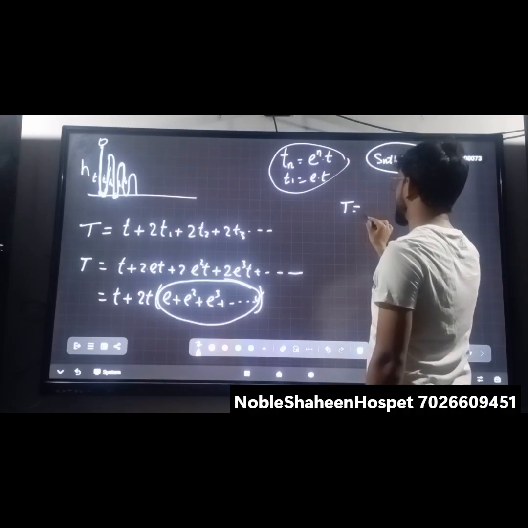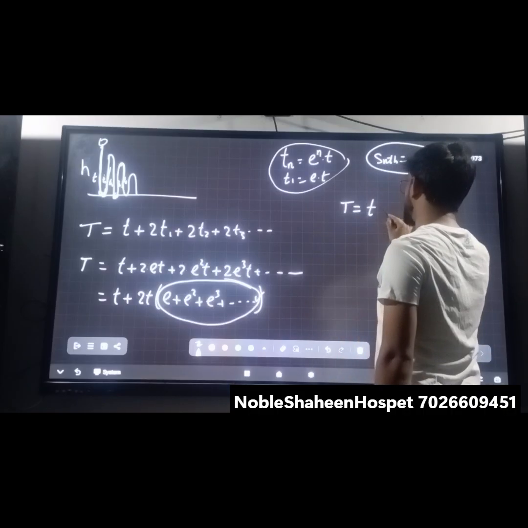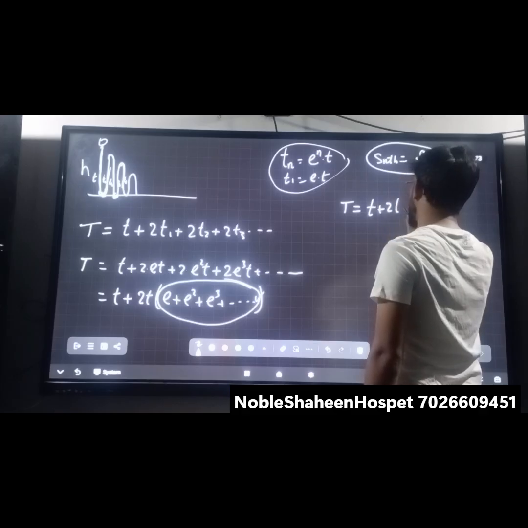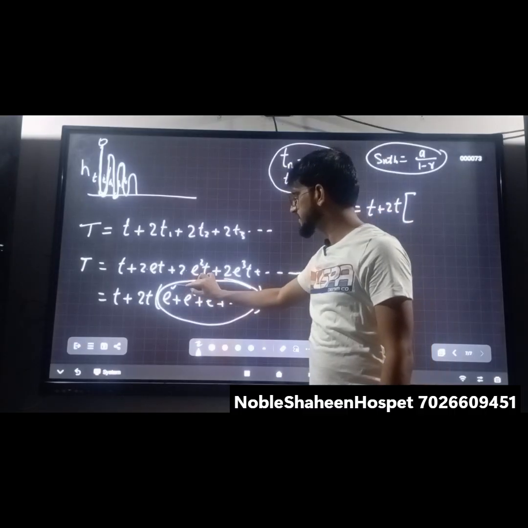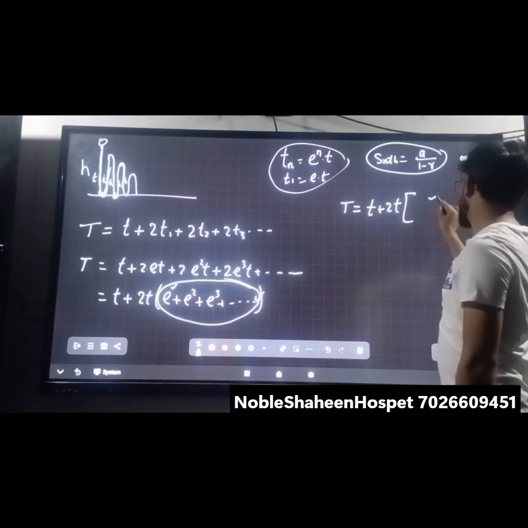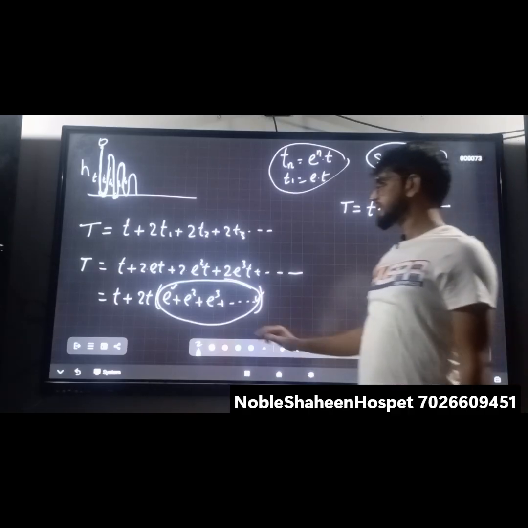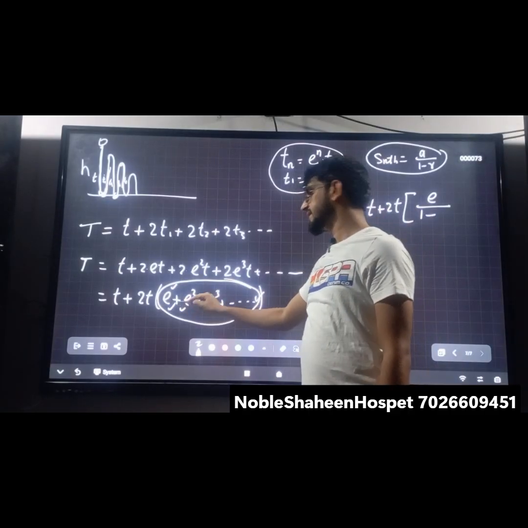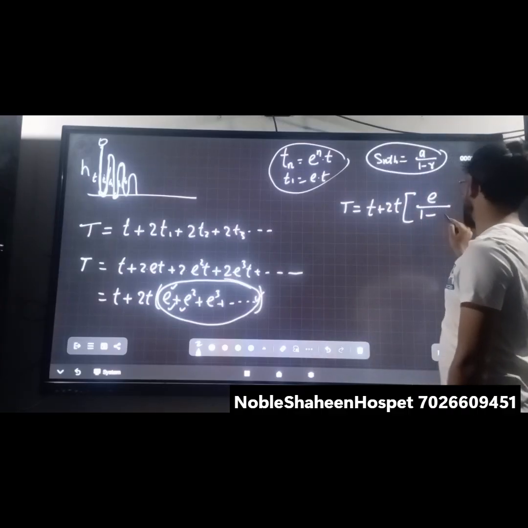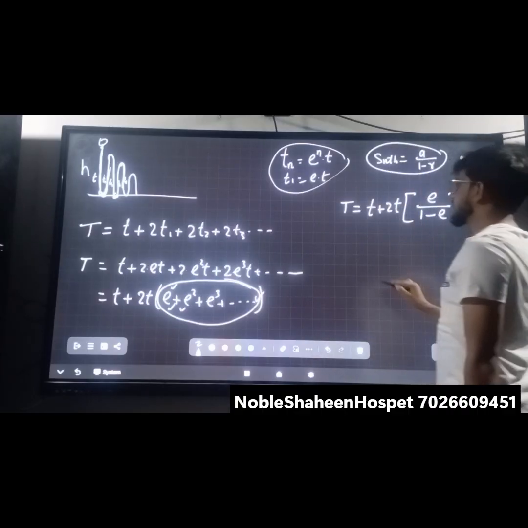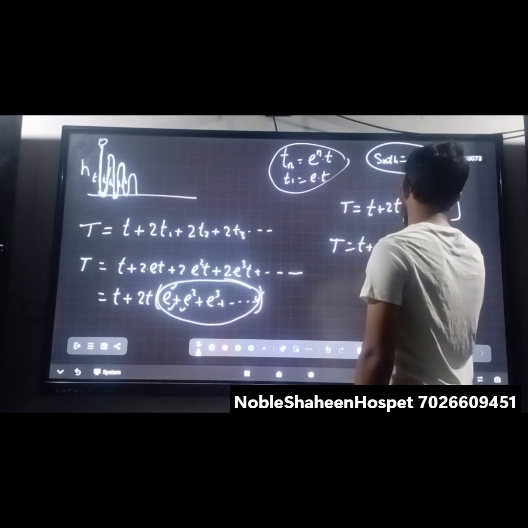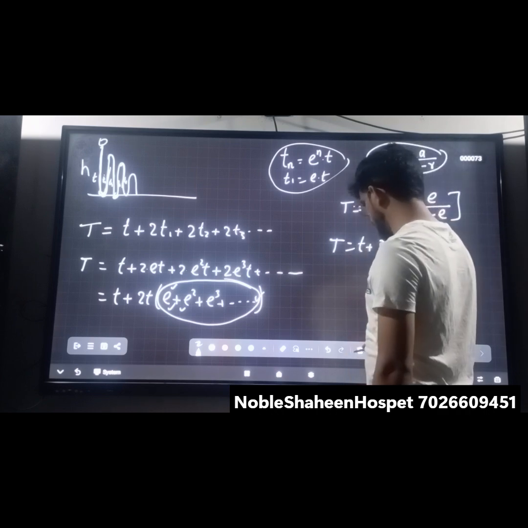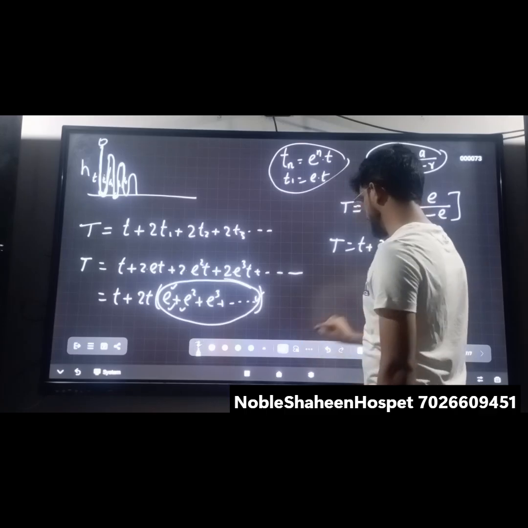So we can say total time T will be equal to t plus 2t into, here our first term a is basically e, so e upon 1 minus r, that means 1 minus the common ratio. The common ratio between the first term and second term is again e, so we can say e upon 1 minus e. So our total time T will be equal to t plus 2t times e upon 1 minus e.